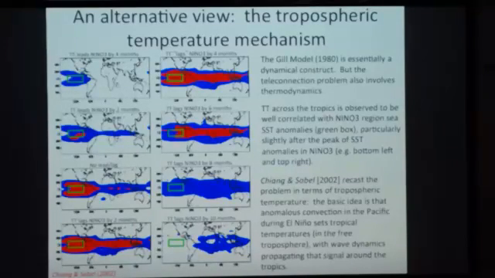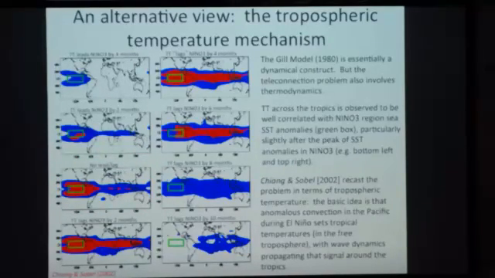It's some deep tropospheric average temperature above the boundary layer. And what they did was to correlate the sea surface temperature in this green box, the NINO 3 region, one of our canonical measures of ENSO, with the tropospheric temperature in this deep layer in the troposphere up above. And so this is the contemporaneous correlation.